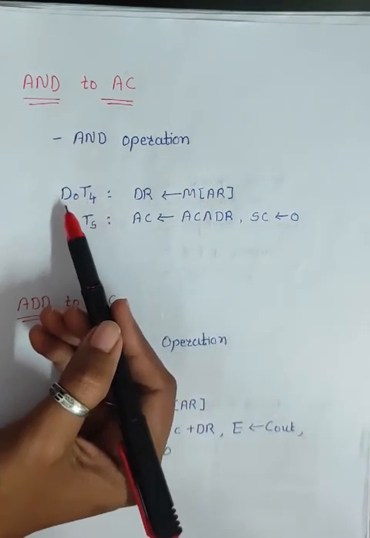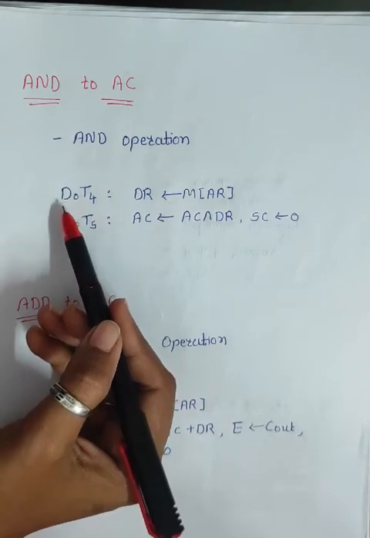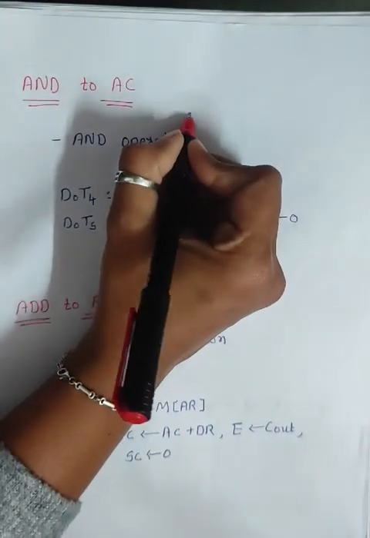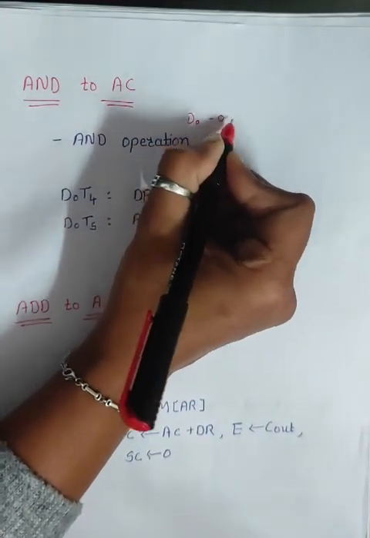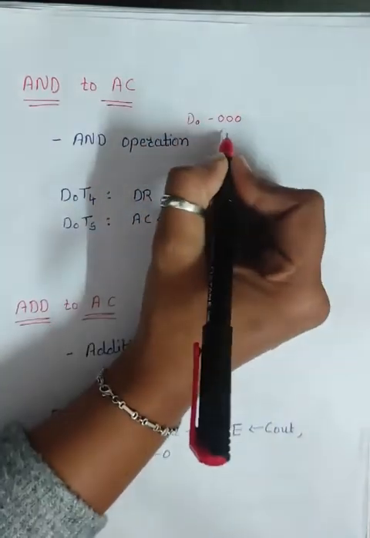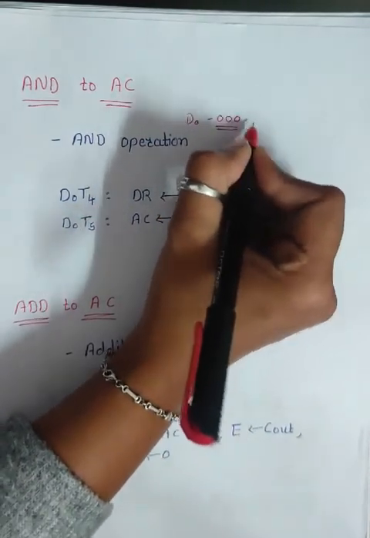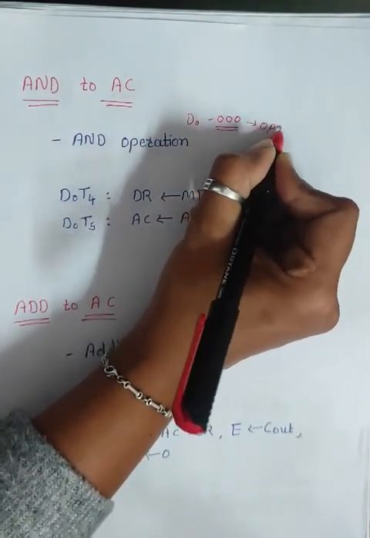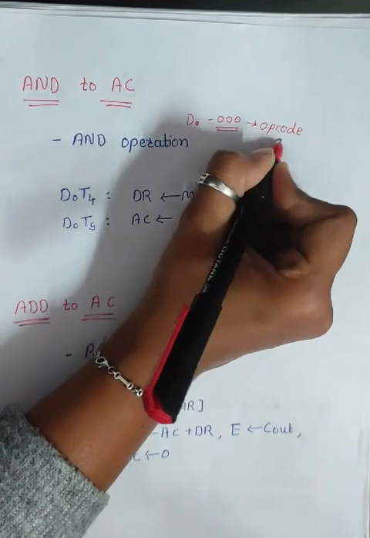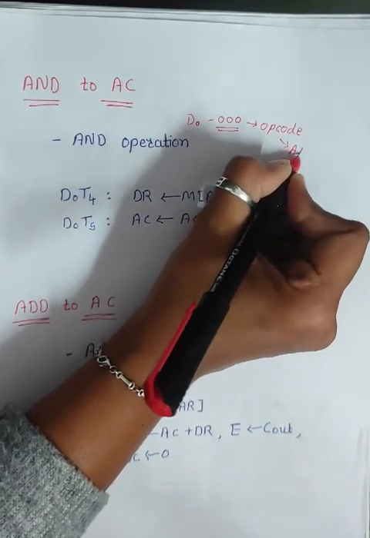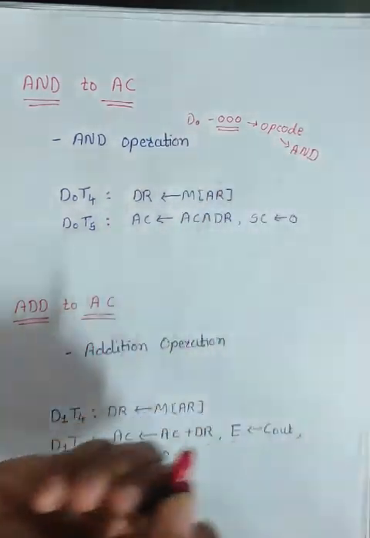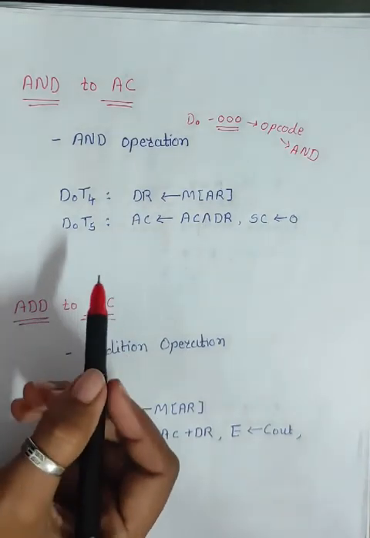As you know, for the AND operation the signal is D0. D0 specifies 0, 0, 0, and 0, 0, 0 is the opcode for the AND operation.